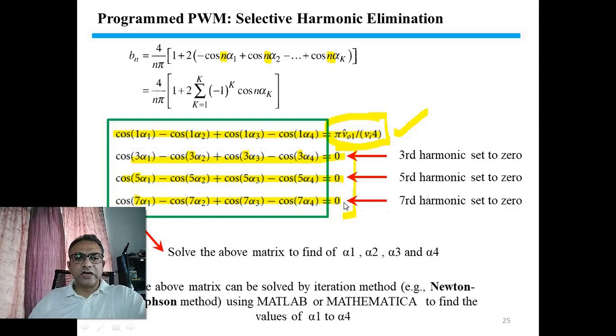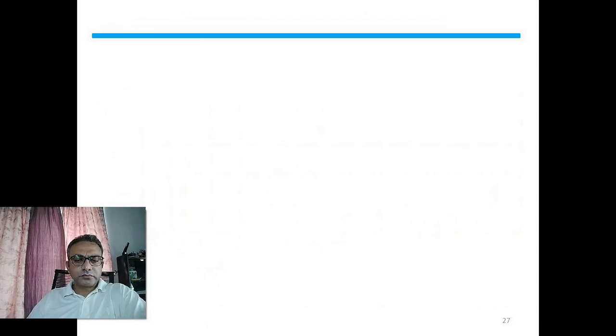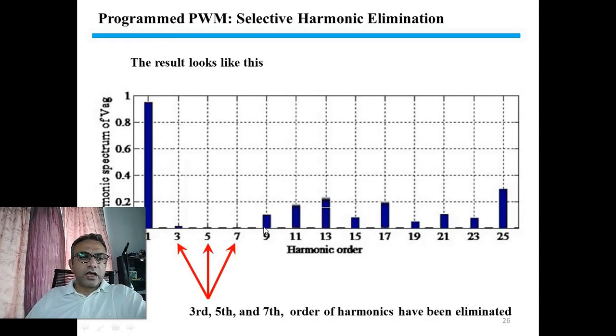And the result is that we get values of alpha 1, alpha 2, alpha 3, alpha 4 within the range from 0 to 90 so that the harmonics are eliminated.